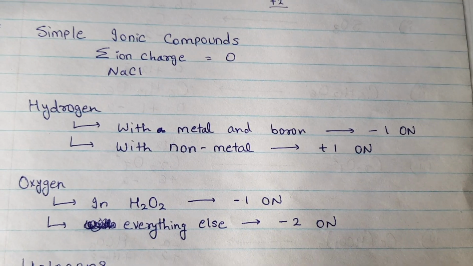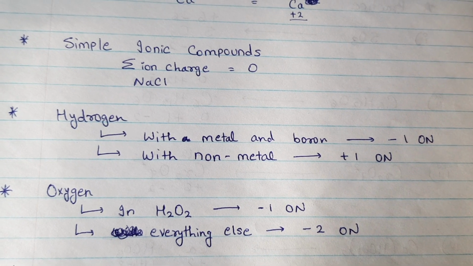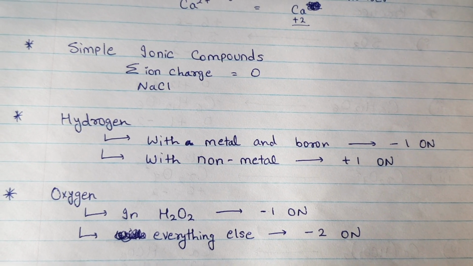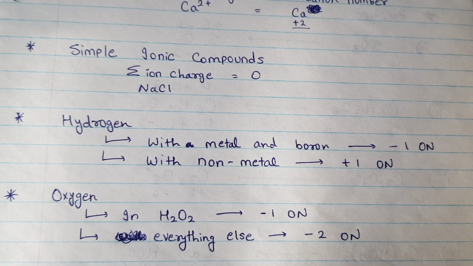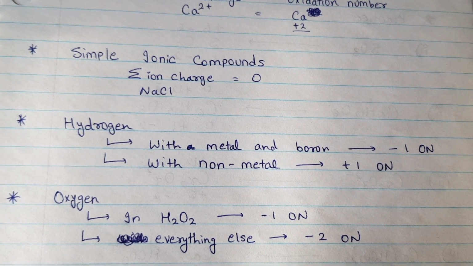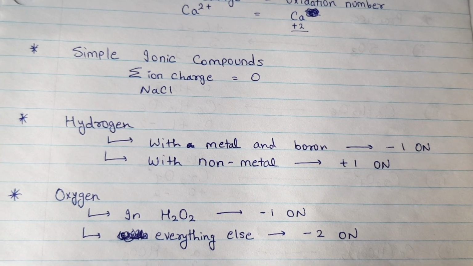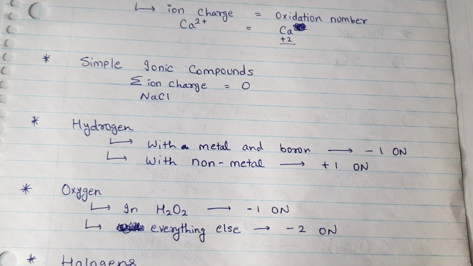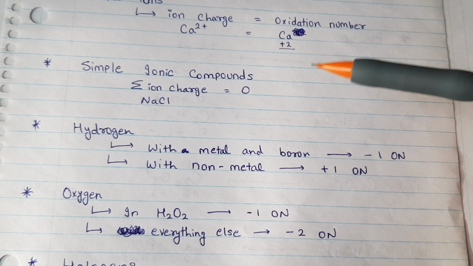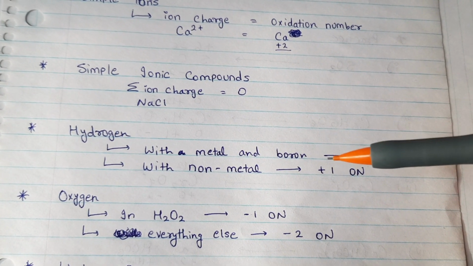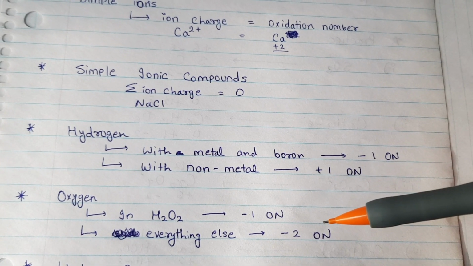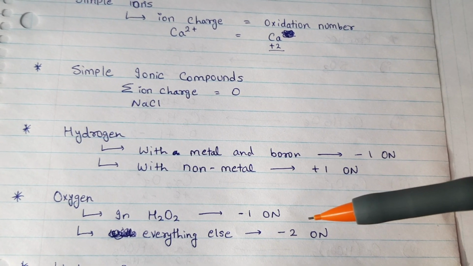Now let's go to oxygen. When oxygen is with everything else except H2O2, which is hydrogen peroxide, the oxidation number of oxygen is -2. But within H2O2, the oxidation number of oxygen is -1. Using the simple ionic compound rule and the hydrogen rule, we can even calculate the oxidation number of oxygen in H2O2.